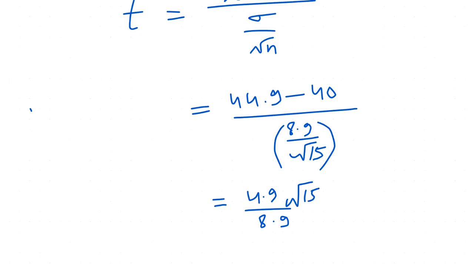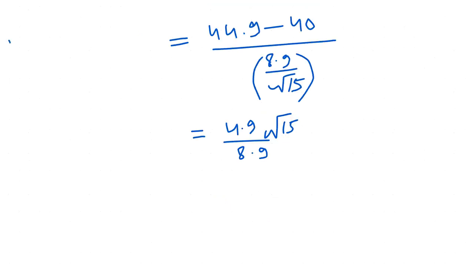So just simplify: 4.9 divided by 8.9, then we have 0.55 into square root of 15, which is 3.87. So 0.55 into 3.87, here we have 2.12, which is greater than the p value.